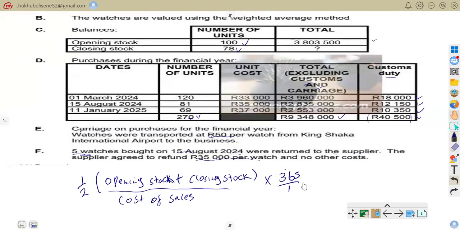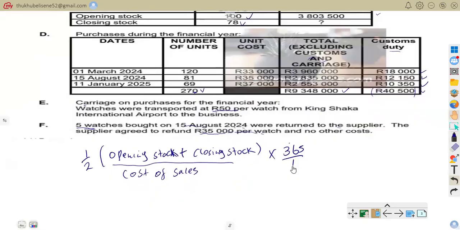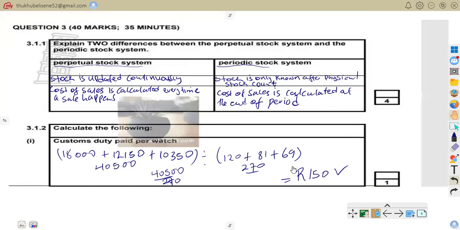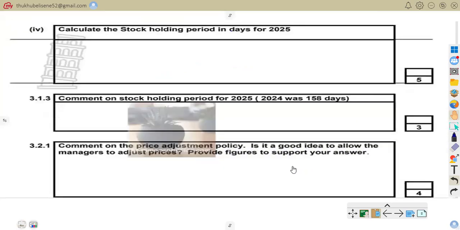So that is how we are going to calculate our stock holding period. We already have the amounts, so let's quickly go to our answer book and do it.